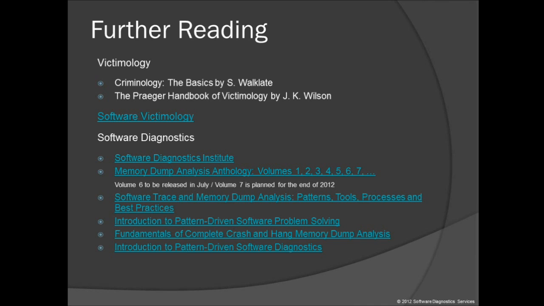The other one, a handbook, has lots of useful conceptual articles related to human victimology. So it is interesting to read as well, regardless of software. And I also included links to relevant presentations and books from Software Diagnostics here that cover patterns.